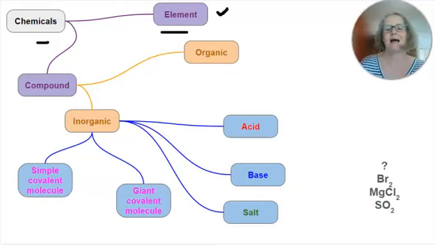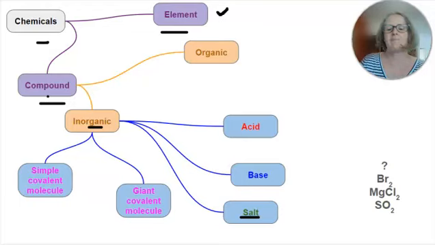You've got a magnesium and chlorine. So that's going to be a compound. Is it organic? It doesn't have any carbon, so it's definitely inorganic. Now we're looking at a metal, that's magnesium, and chlorine, which is a non-metal. Remember, metal plus non-metal, that's a salt. So magnesium chloride is a salt.